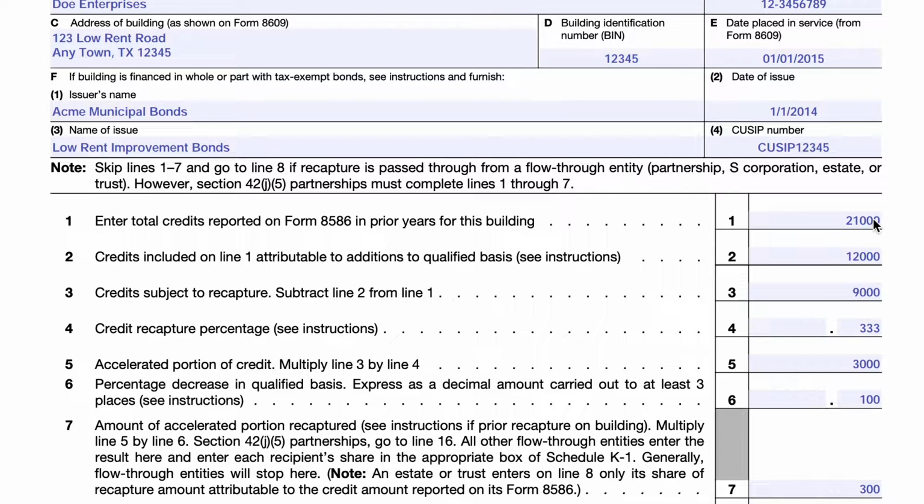In line 2, you have to actually do additional calculations. These are tax credits that were included on line 1 that are attributable to additions to qualified basis. So if you had capital improvements and that increased your qualified basis, then you need to calculate whatever credits would have applied.